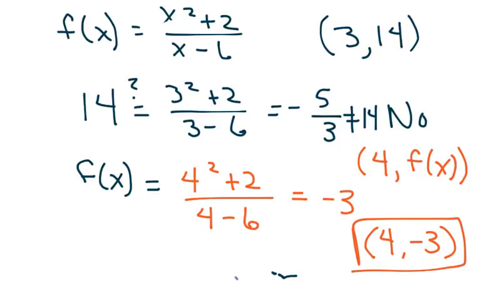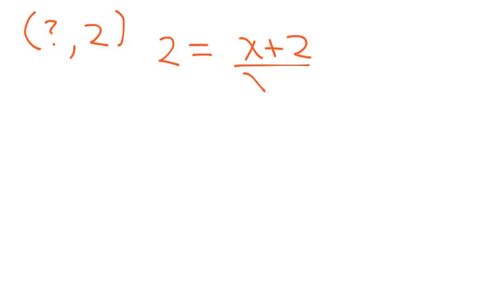And the next question, they ask if y, or f of x, is 2, then what is x? So we set 2 equals x squared plus 2 over x minus 6. I'm going to put my 2 in fraction form and cross multiply. So I get 2x minus 12 equals x plus 2.